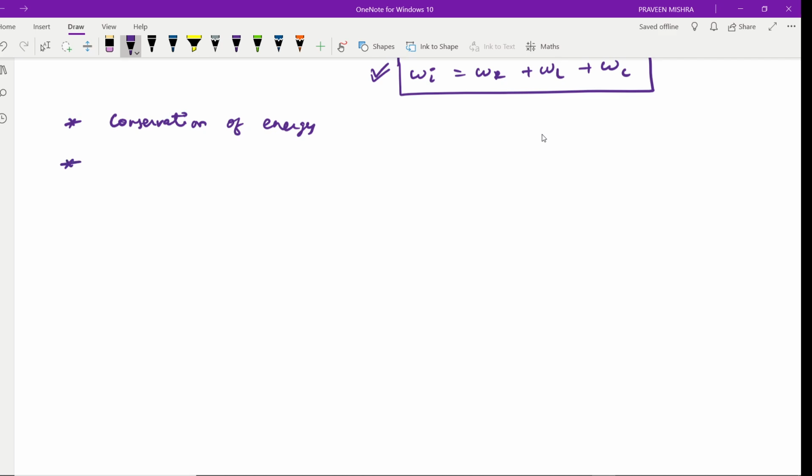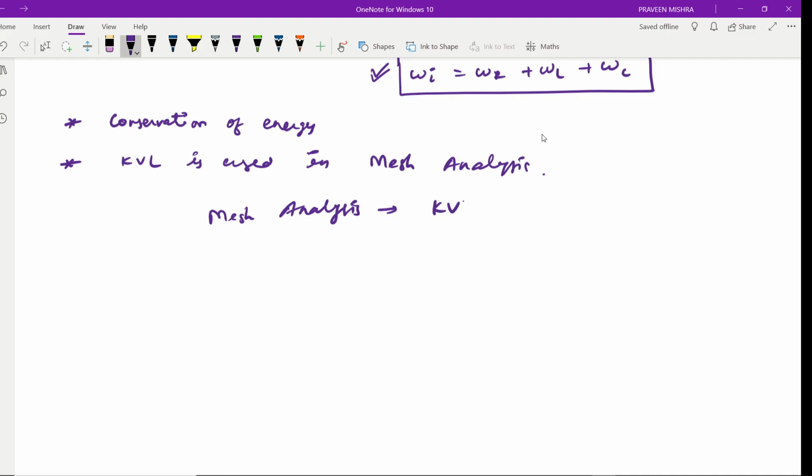This KVL is used in mesh analysis. What is mesh analysis? Mesh analysis is nothing but applying KVL with Ohm's law.